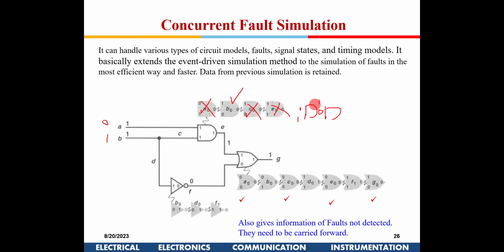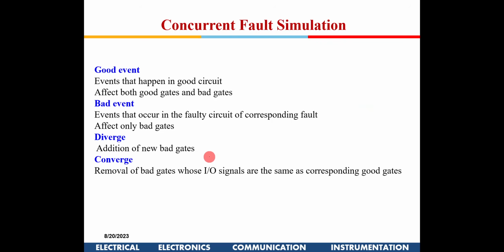So there will be one more faulty gate. For each gate there will be a few faulty gates. As I move the test vector, these will fall out, and additional ones will keep coming in till all the gates are deleted. So a few new bad gates can come.